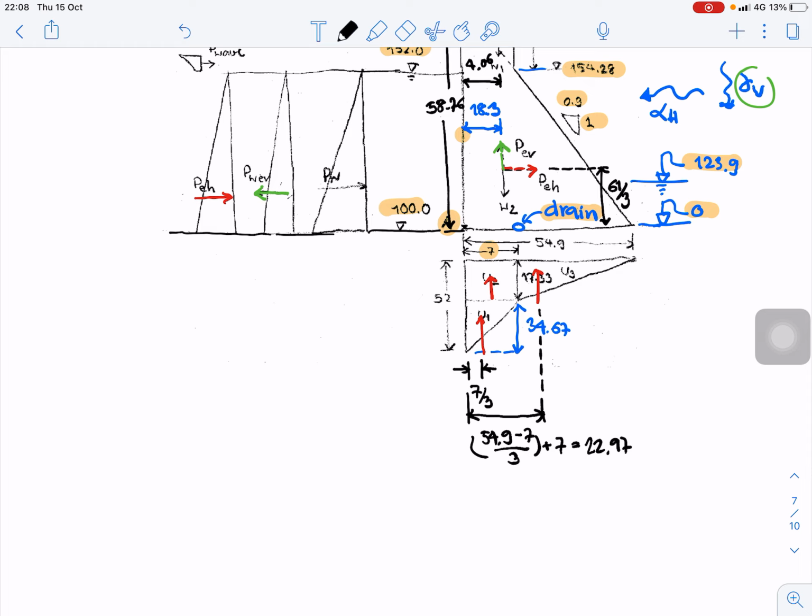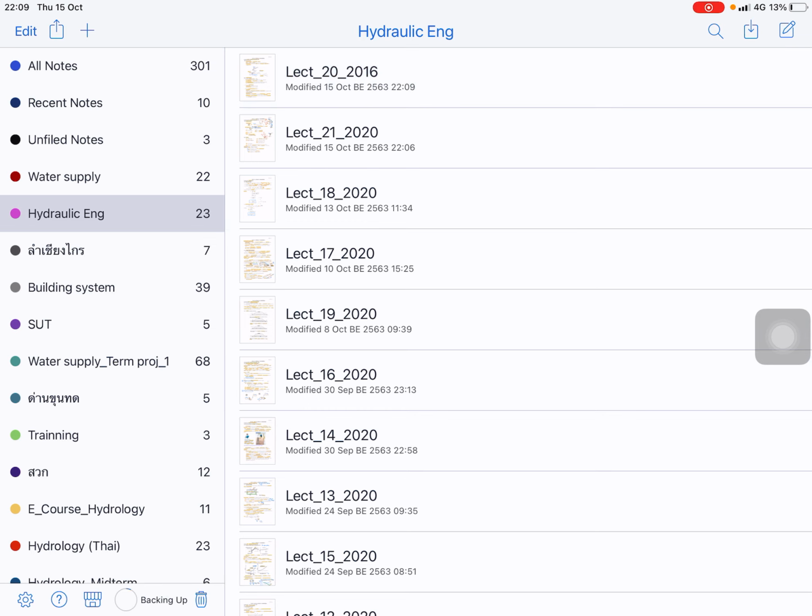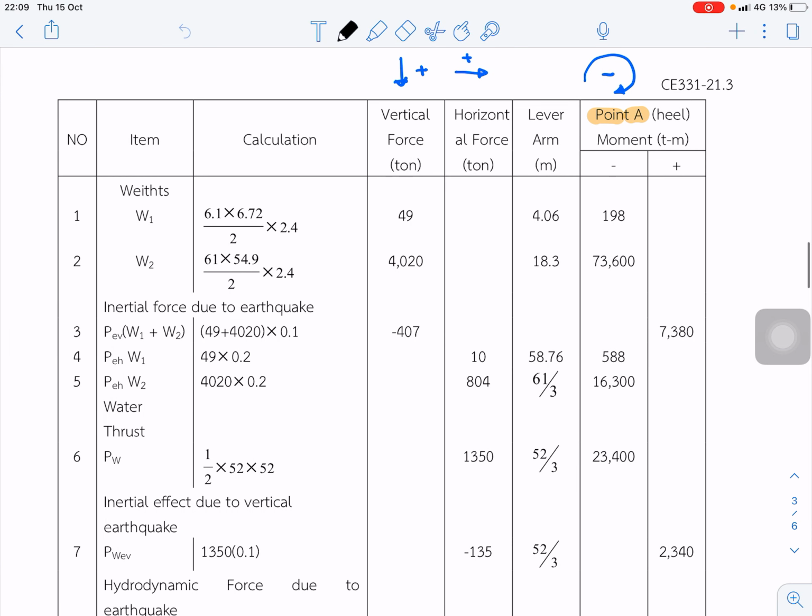Okay, then we can bring these lengths to the table again. Move back to the table. From the first force, W1 is equal to 49, and the lever arm is 4.06, which comes from 2/3 of the 6.1.